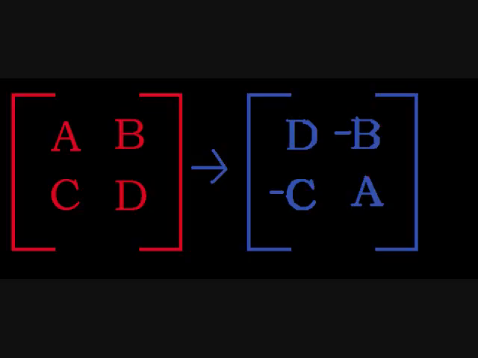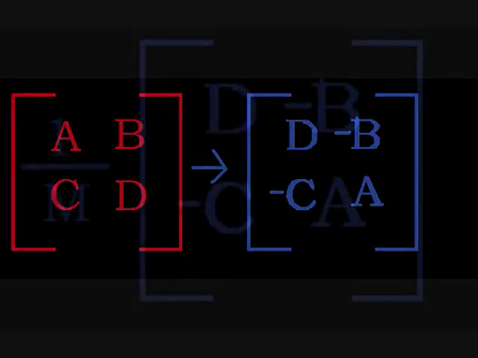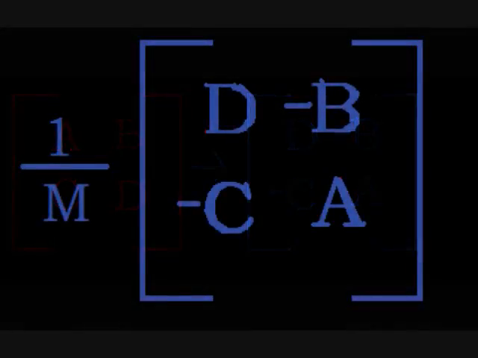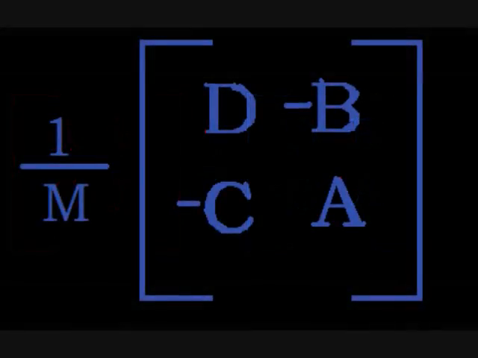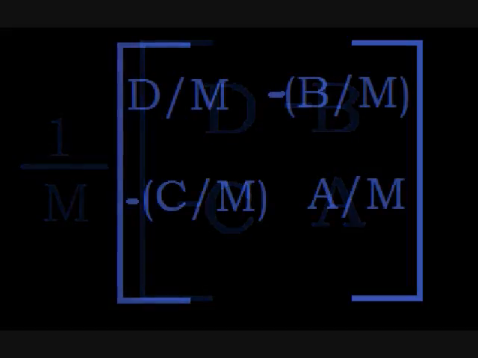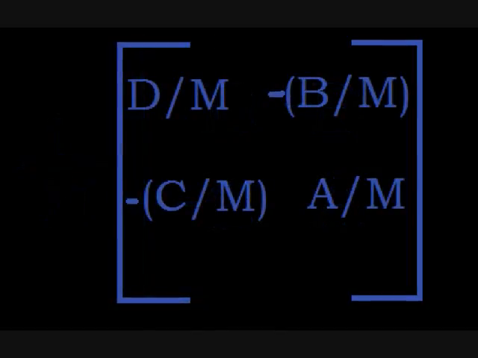And then after that, the final thing you have to do is just multiply your new rearranged matrix by the reciprocal of your determinant. Okay? And then the result is the inverse. And of course, we all know that when you multiply the inverse matrix by its original matrix, then you're going to get the identity matrix.